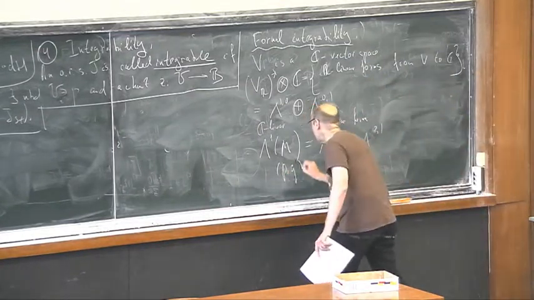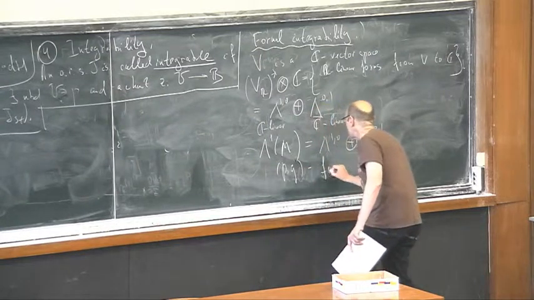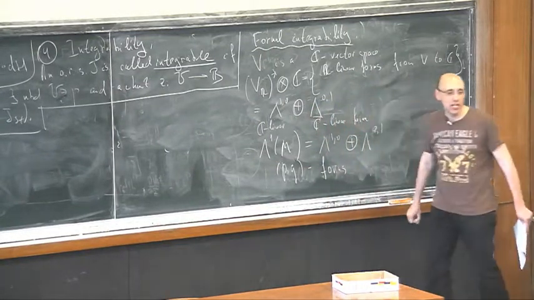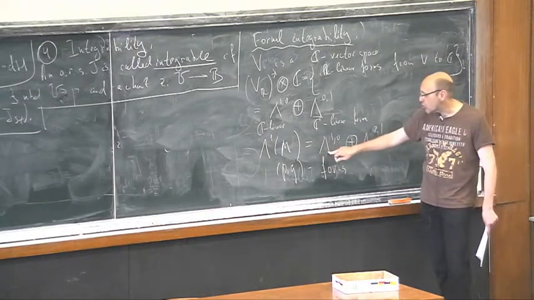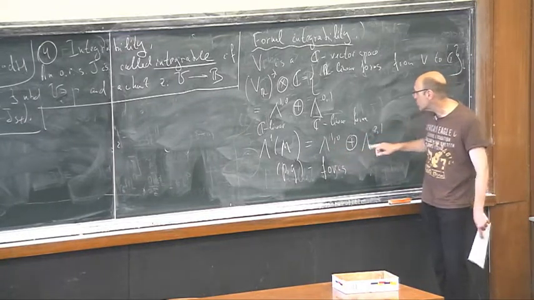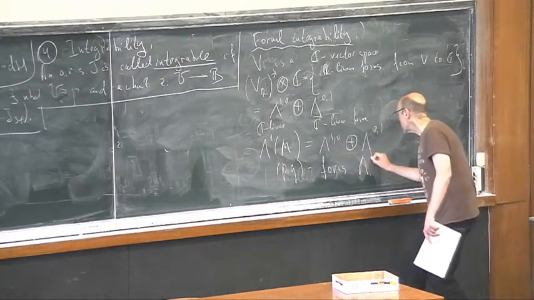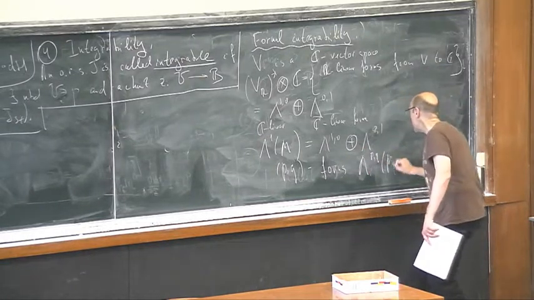All this is very standard. Every (p,q)-form contains p exterior products of these forms and q exterior products of this form. So this is Lambda^{p,q} M.